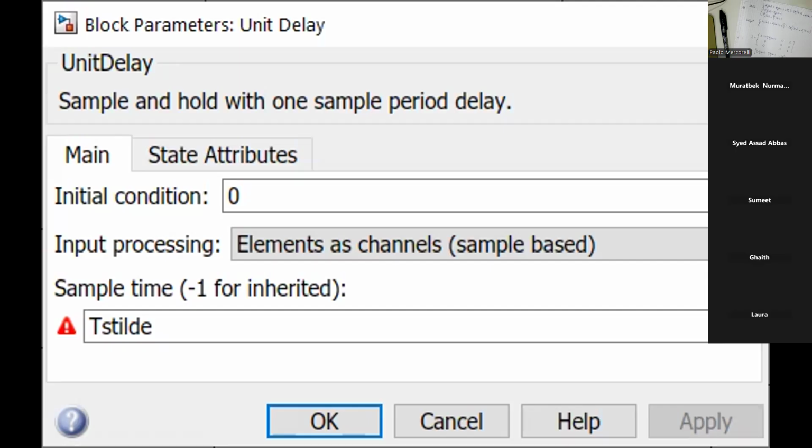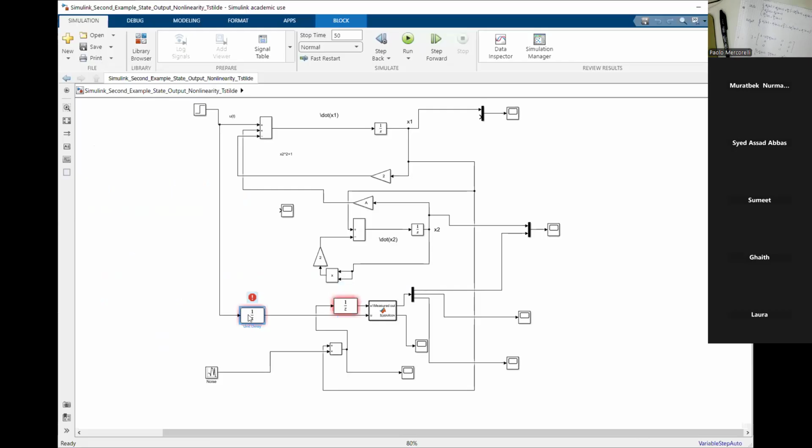Of course, at the beginning, Kalman filter does not know, oh, I can put Ts tilde equal Ts. The same here.